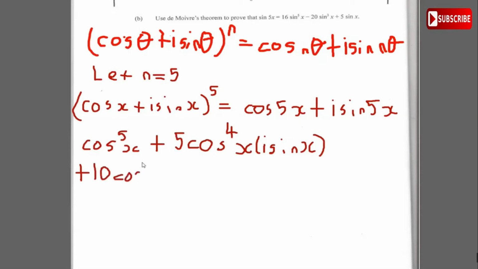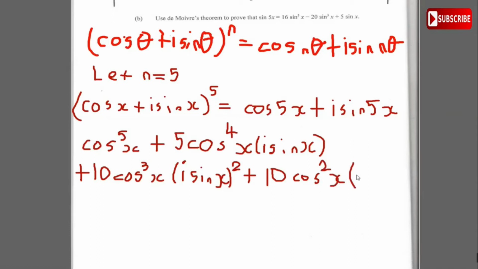It's now cos cubed x times i sin x squared, plus it is now 10 cos squared of x multiplied by i sin x cubed.